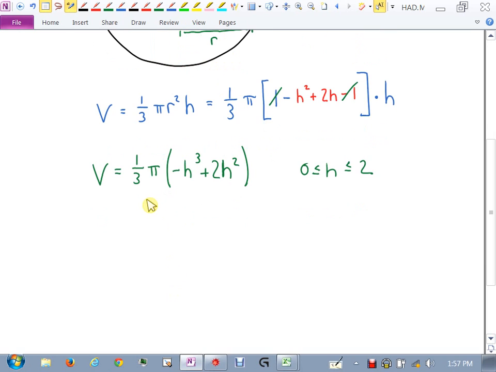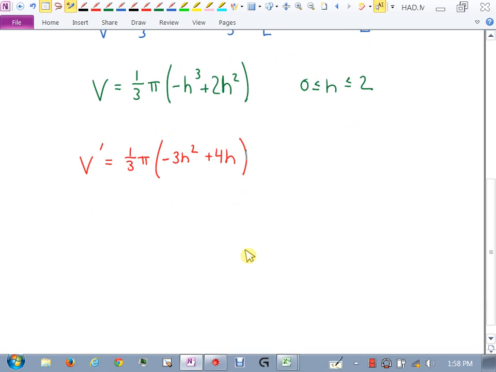How about the derivative now? The derivative of this, now the 1/3 pi is a constant, so I'm just going to leave it here. Now I'm going to do the derivative of this piece in here. Negative 3h squared plus 4h, right? That's my derivative. I set that equal to 0, which means that I don't care about the 1/3 pi.